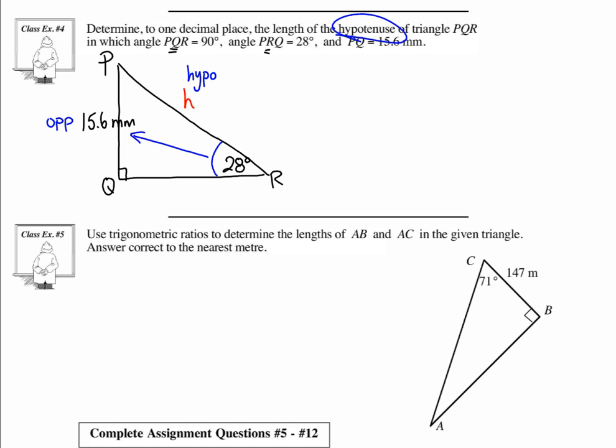Am I looking for the adjacent? Do I know the adjacent? No. So no need to label it. So now, next step. Sohcahtoa. Figure out which one of these. Sine. Sine of theta equals opposite over hypotenuse. Write out our formula. Sine of?